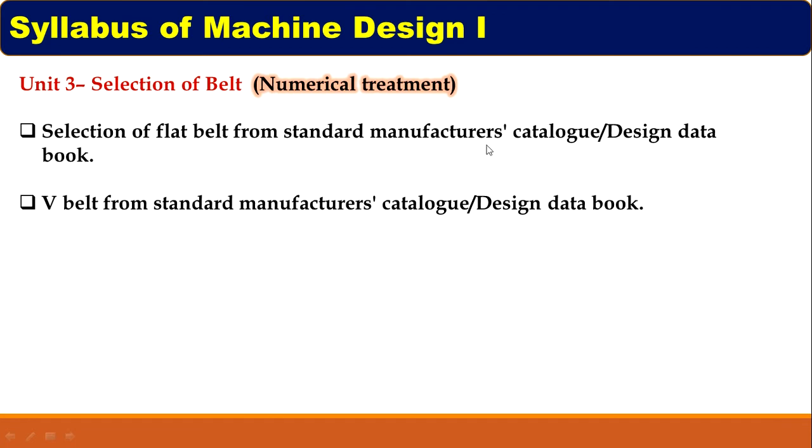By using this catalog, we are going to simply select the belt for a given application. The same procedure we are going to follow for the V belt. Remember that the data in the catalog for flat belt will be different from the data for V belt.